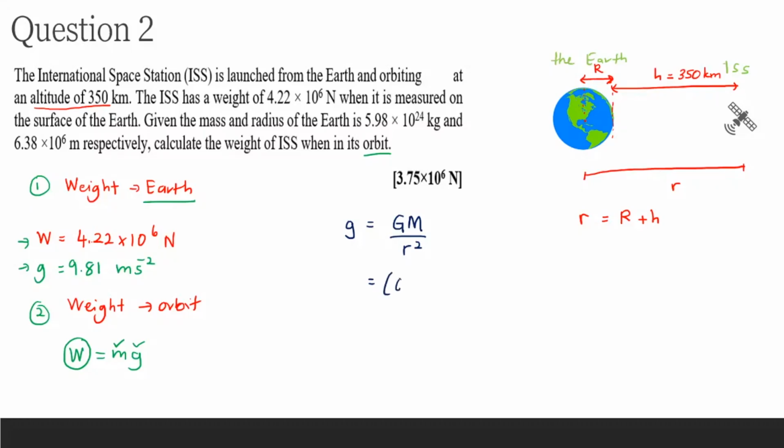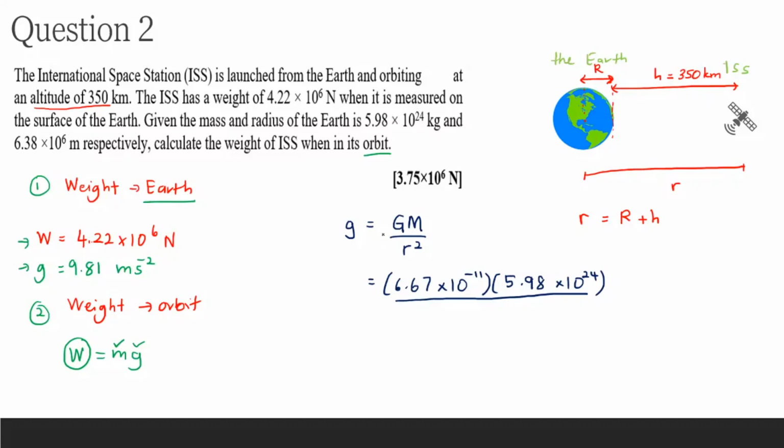So, capital G, kita tahu constant 6.67 exponent negative 11. Mass, remember this is mass of the Earth. So, selalunya capital M ni mass planet lah. Selalunya. Okay, kalau kita compare mass satellite tadi dengan mass of the Earth, mass of the Earth lagi besar. Jadi, dia yang akan pull the ISS towards its center.